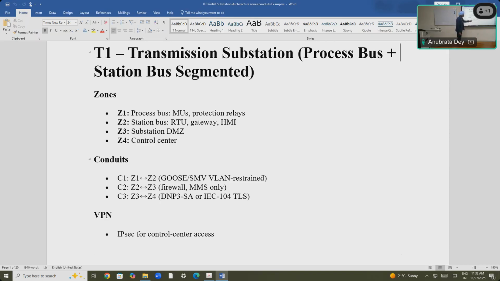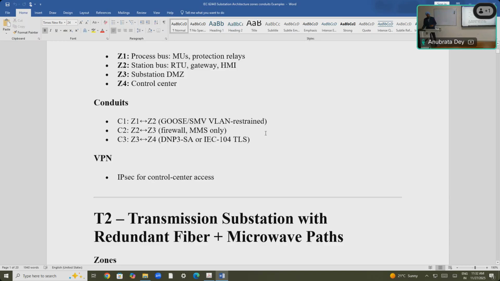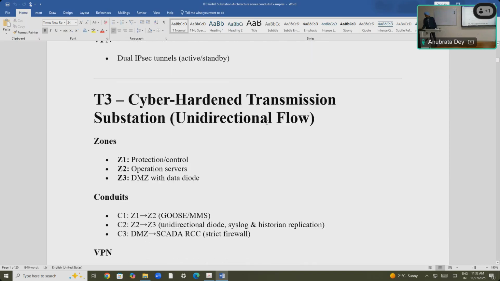Zone 3 to 4, which is substation DMZ to control center, you will have TLS, transport layer security there. These are again some of the protocols: DNP3, obviously the secured one, and IEC 104. Those are the possible protocols through which the communication will happen. And the VPN will be IPsec type. Later on, I'll give you some idea of different types of VPNs that are possible. But let's go into the details of this one, before I start the next one.